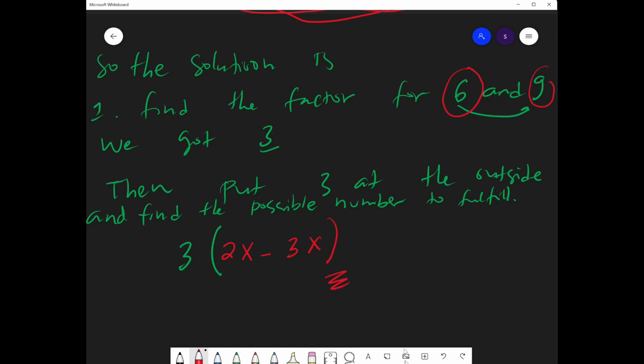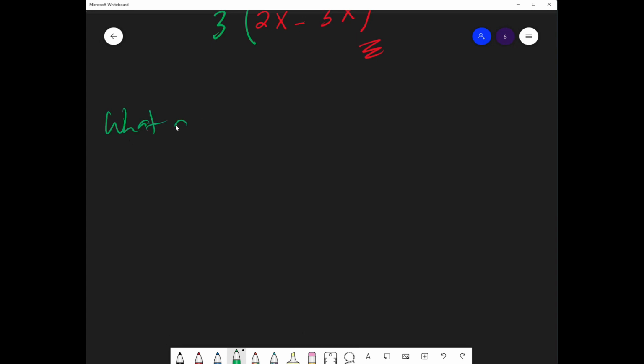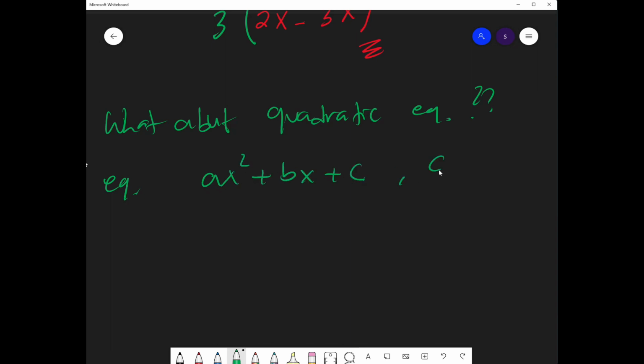Next question is, what about the quadratic equation? How can we factorize it? As we know that the quadratic equation is x squared plus bx plus c, where c is not 0.